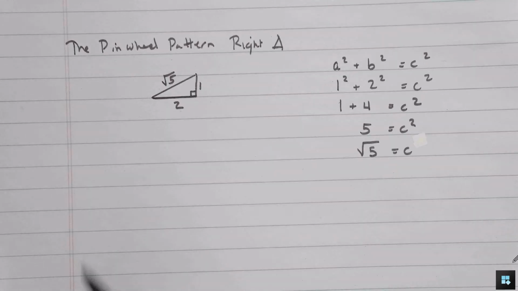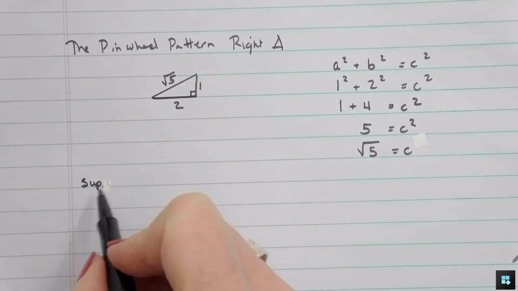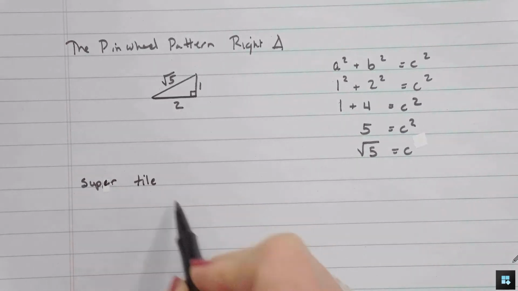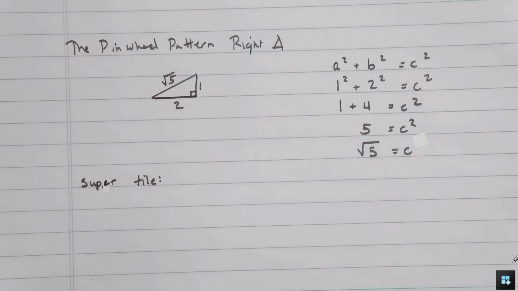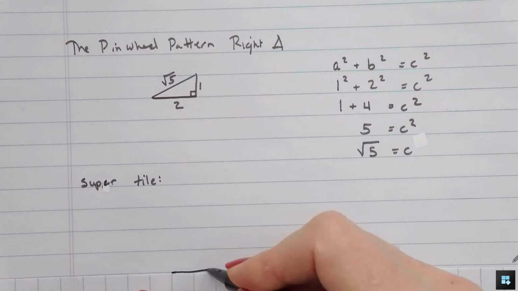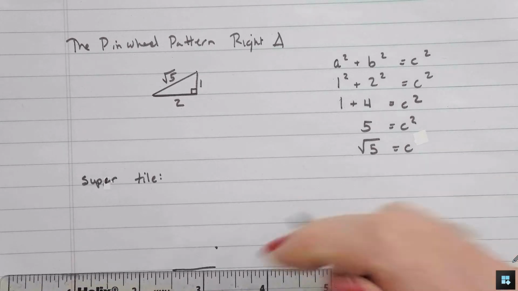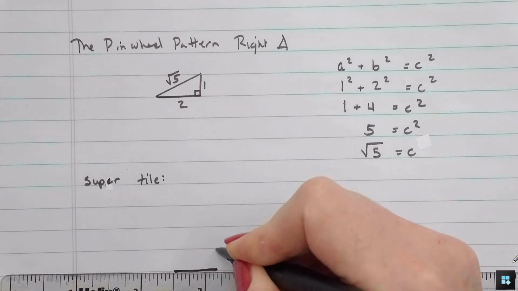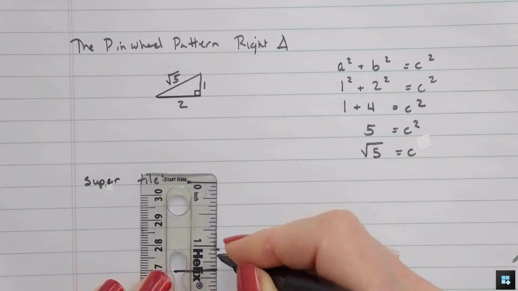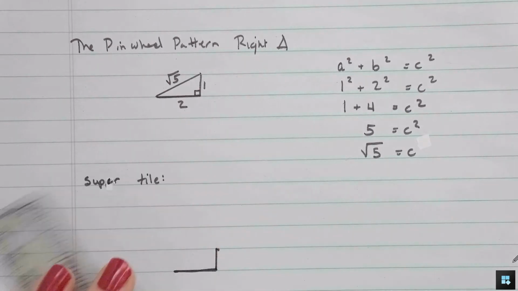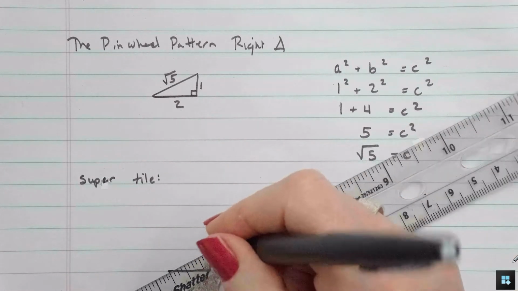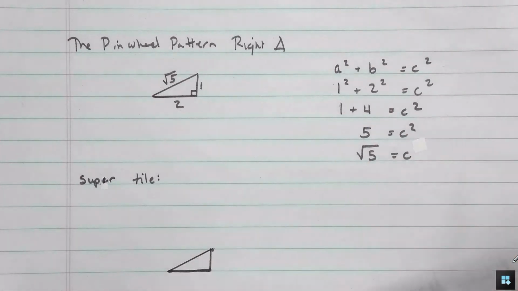So let's go ahead and make a super tile. 2 units wide, 1 unit tall.